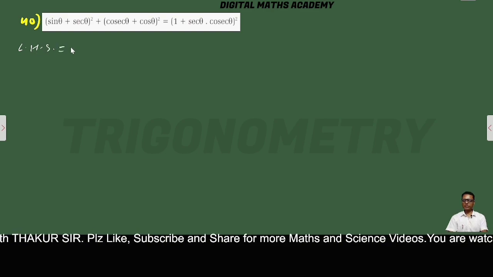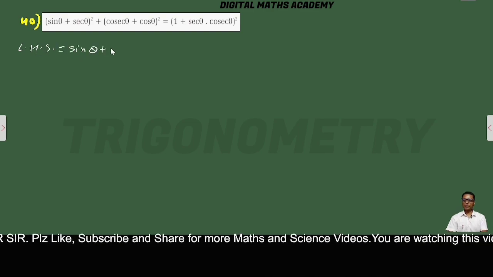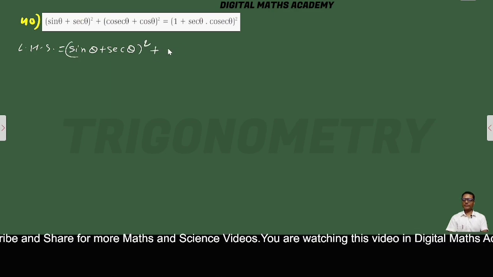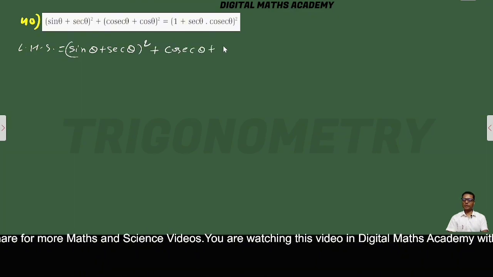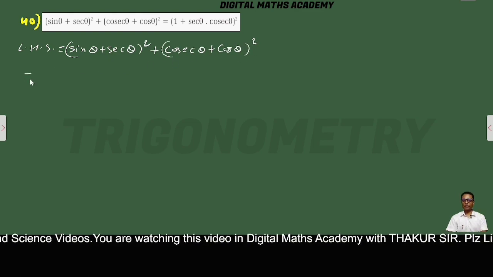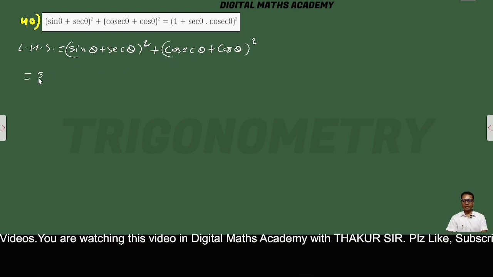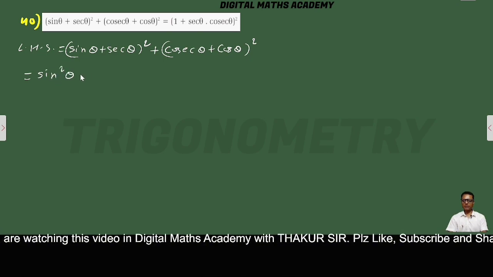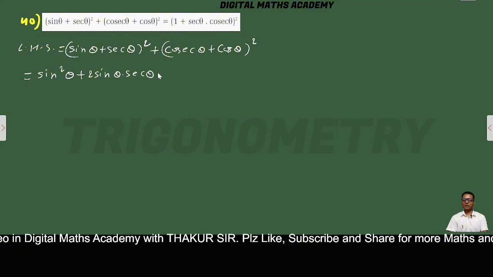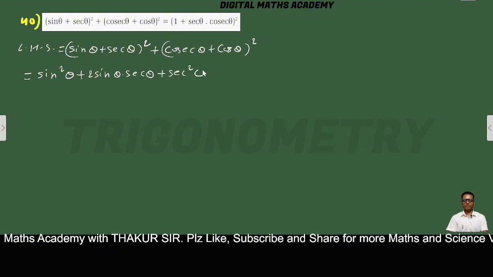So left hand side equals (sin theta plus sec theta) whole square, then plus (cosec theta plus cos theta) whole square. So we are going to apply the formula a plus b whole square. So we can write here sin square theta plus 2 sin theta dot sec theta plus sec square theta, isn't it?